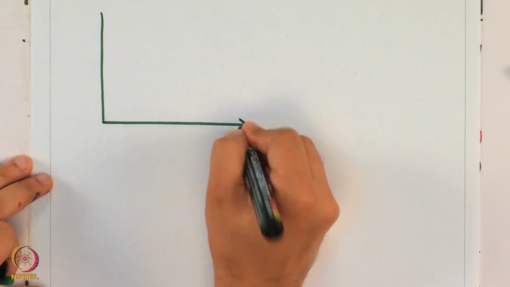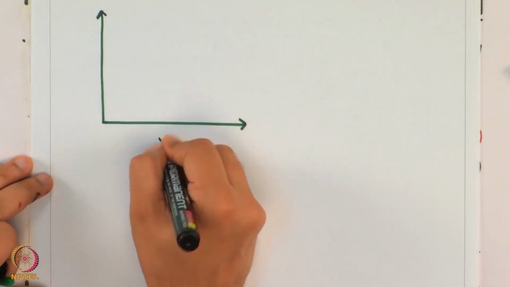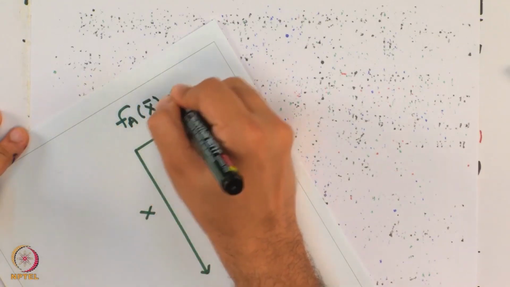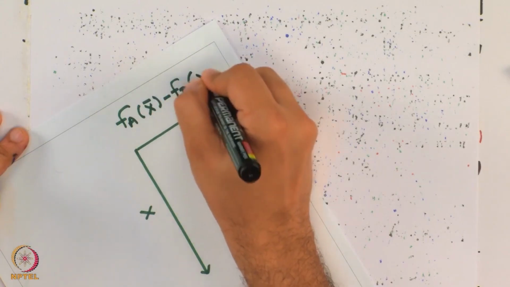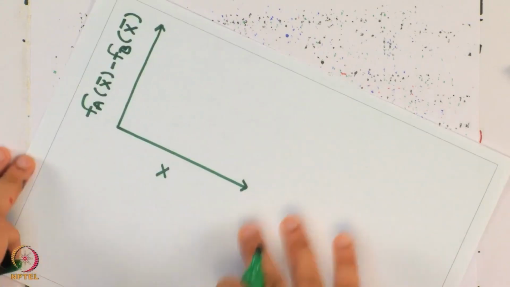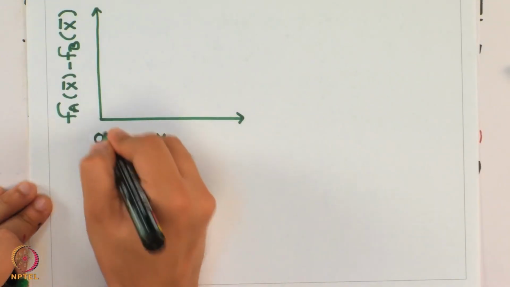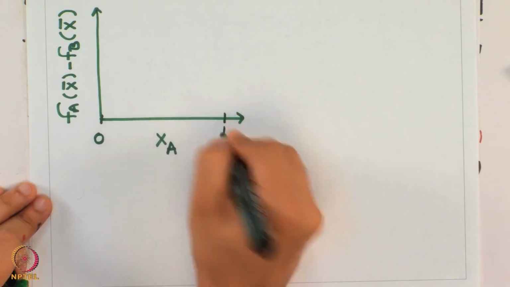Now, let's think about this a little more. Imagine a case where f A of x minus f B of x looks something like this. So, I am going to plot, this is x, and on the y axis I have f A of x minus f B of x, and let us say this is x A, this is 0 and this is 1.